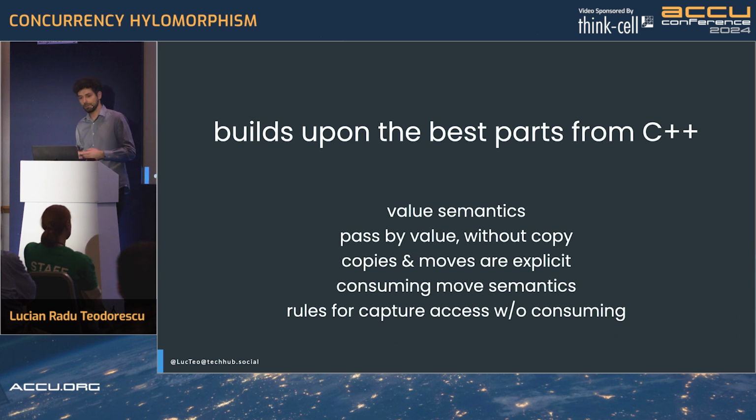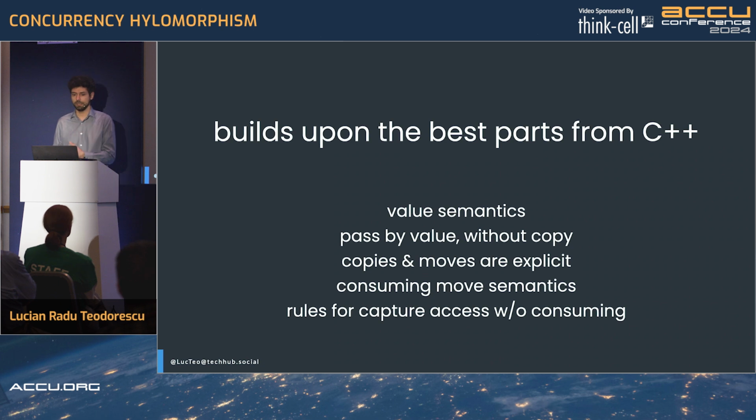So what is Hylo? It builds upon the best parts of C++ and tries to ditch the rest. More specifically, it builds on the idea of value semantics, and tries to make it better. In Hylo, everything is passed by value without any copy. Actually, all the copies and all the moves are explicit.